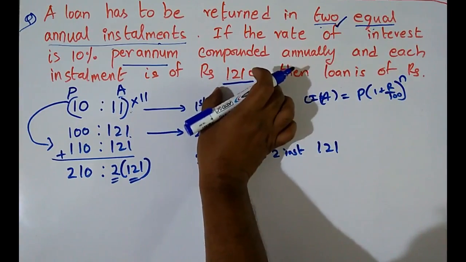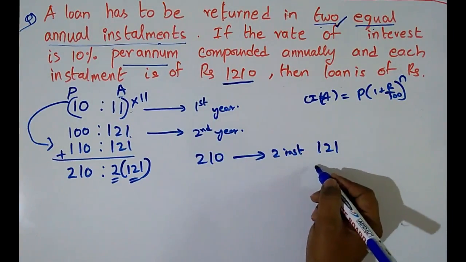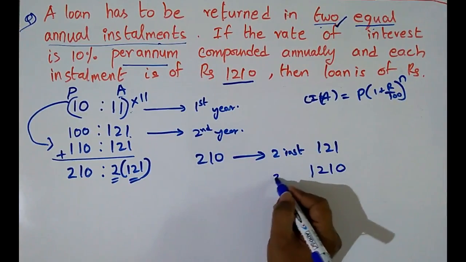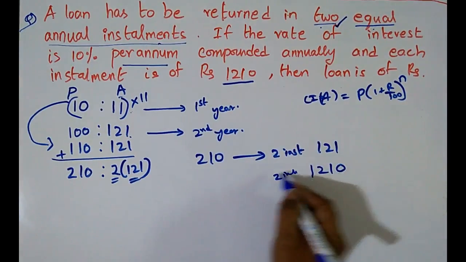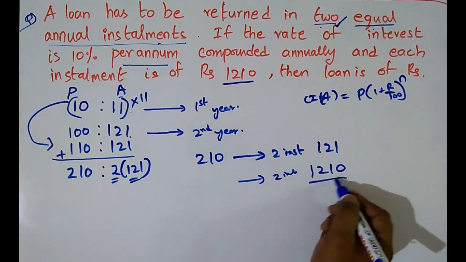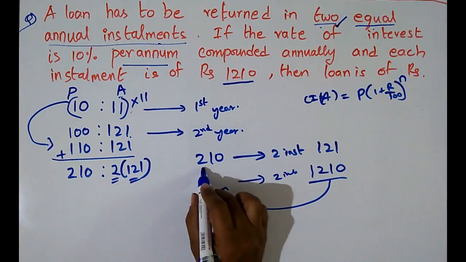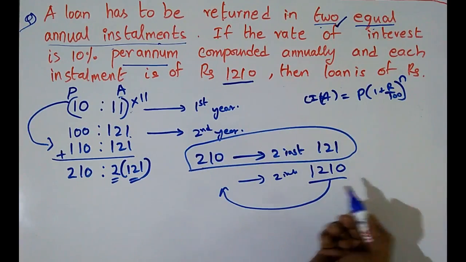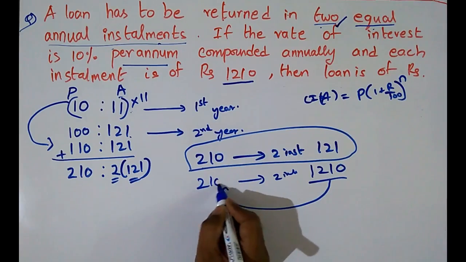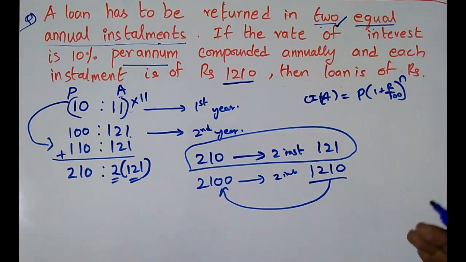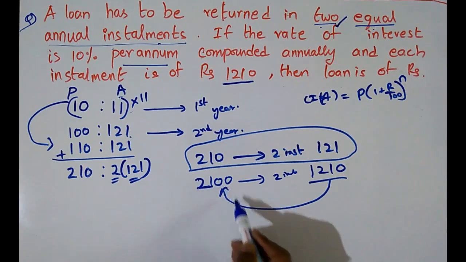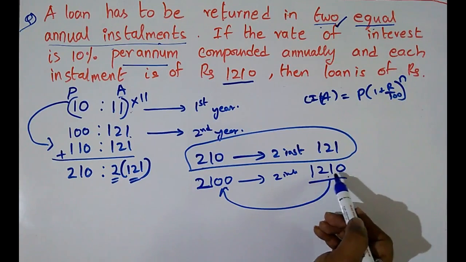We are paying 1210 for 2 times. So obviously, how much should we have taken according to this ratio? Just multiplying by 10, friends. 2100 we have taken as the loan. We have availed 2100 through the loan, so that we are paying 1210.